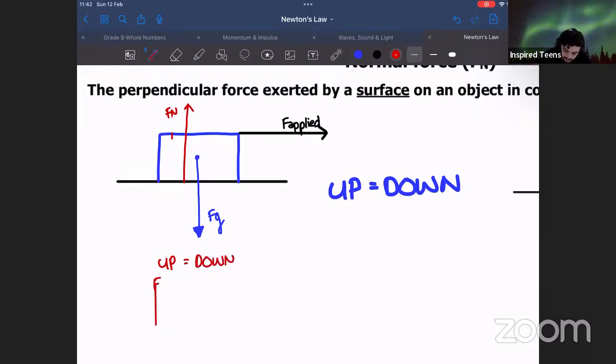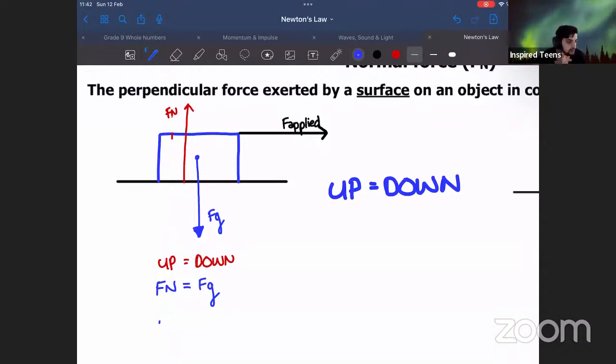Our up force is F normal, and our down force is equal to Fg. So we're going to say up is equal to down. In this case specifically, the normal force that's going up is equal to the Fg that's going down, simply because that's all the forces that are going up. When does friction occur? We'll do an example of friction.